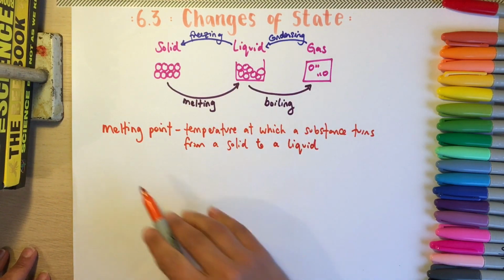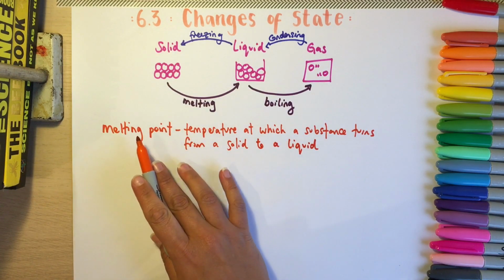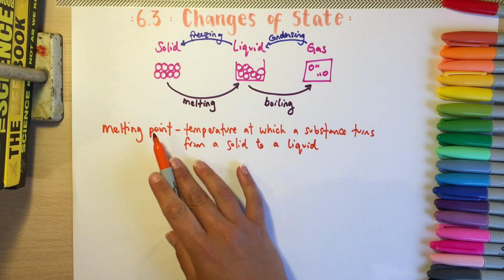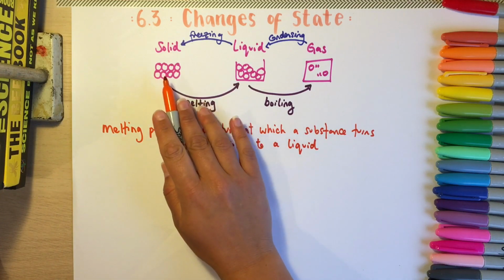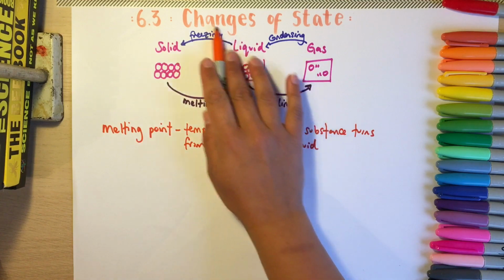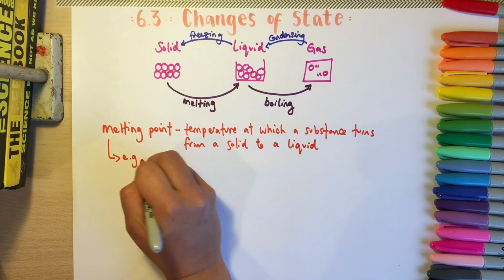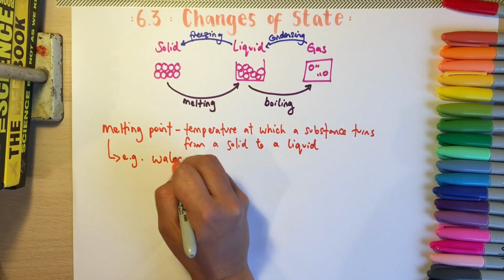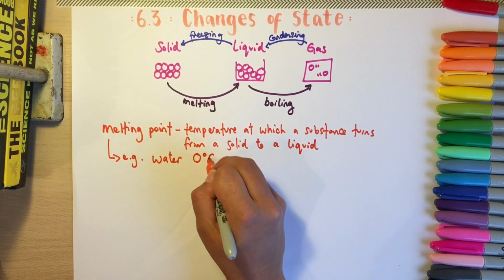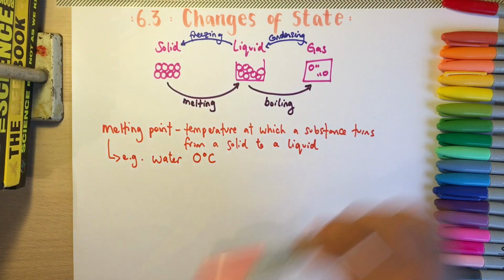Okay, so something that you should probably know is the melting point of water, so where it would go from ice to water, which is also the same as the freezing point, where it would go from water to ice. So for example, water is 0 degrees Celsius. So that's a fact that you really need to know.